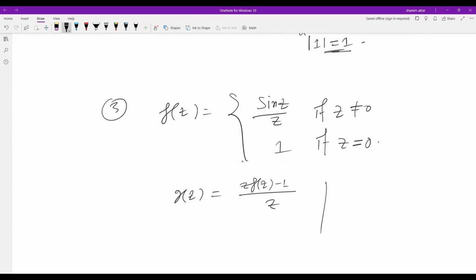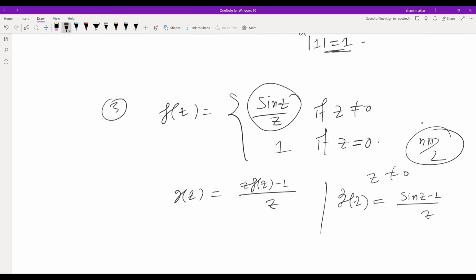When z is not equal to 0, g(z) = (sin z - 1)/z, and we know that sin z equals 1 at infinitely many points, of the type n pi/2 where n is odd.